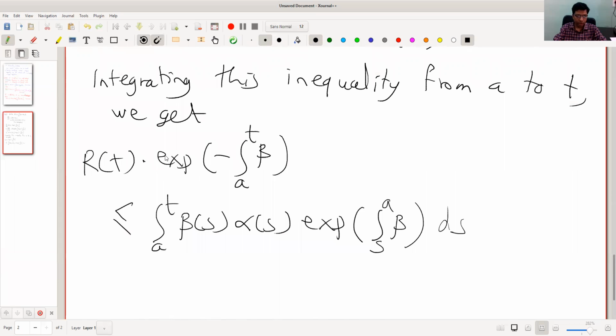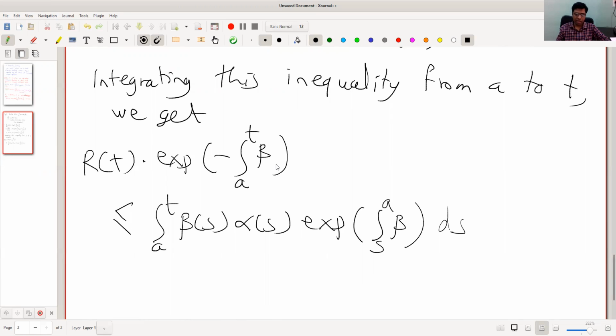Now we can multiply this inequality by e raised to minus integral from a to t beta. If we have an inequality and we multiply by a positive number, then the inequality will not change.